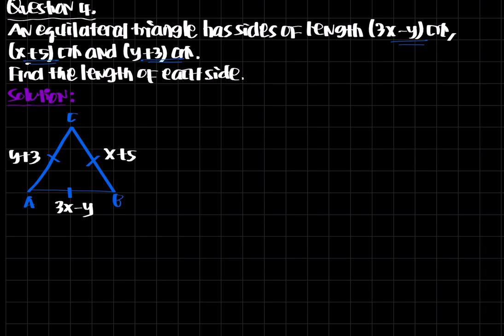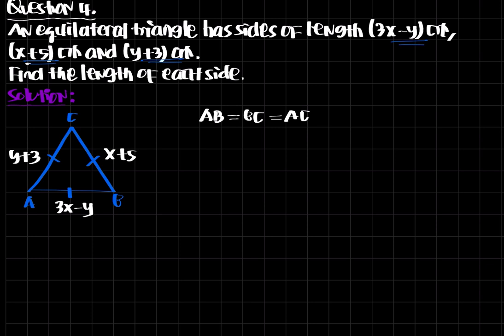So as they are equilateral, AB equals BC equals AC, right?